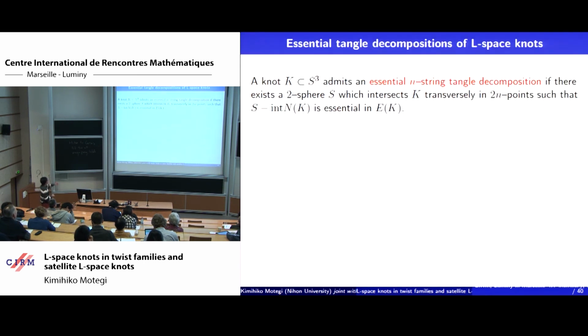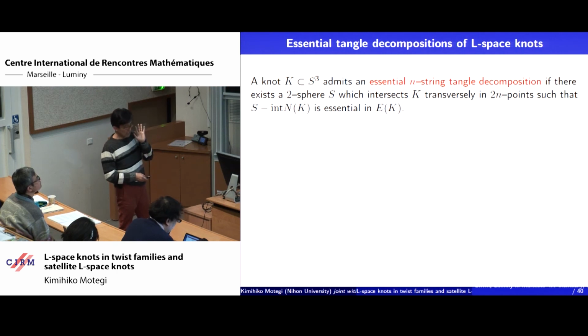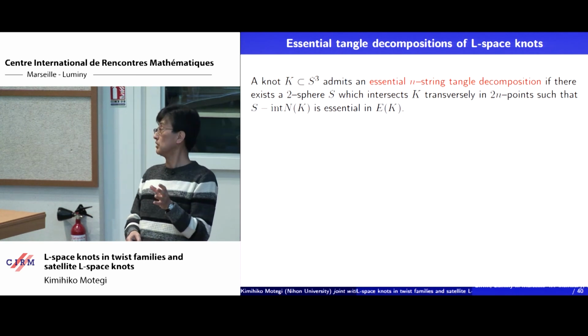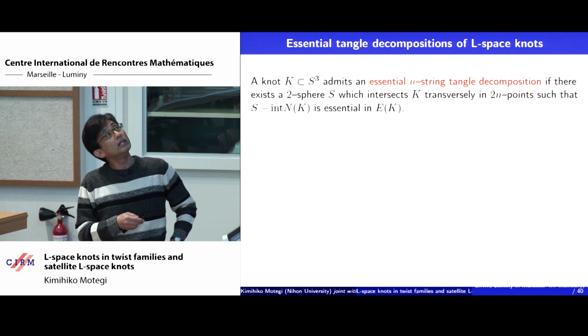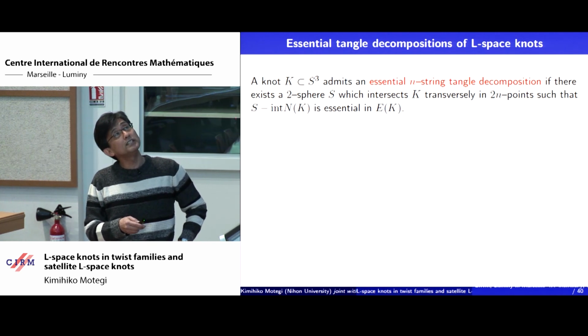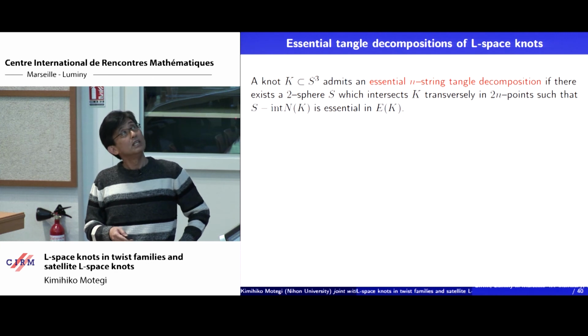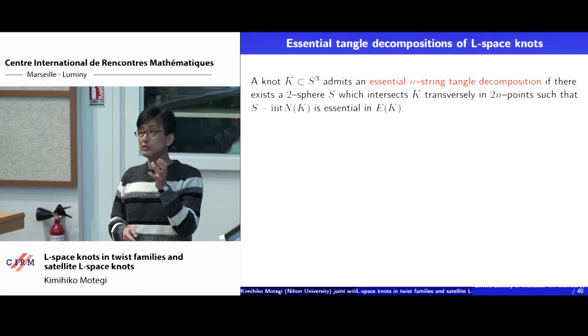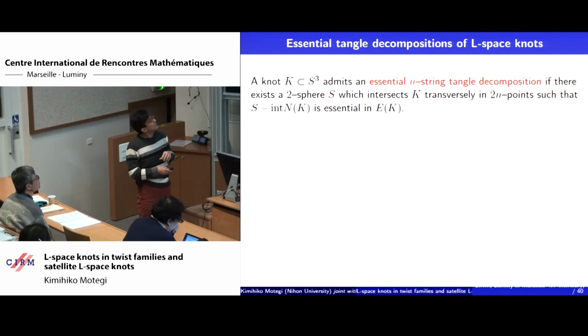Okay. So finally, we study a little further. We apply our previous results to a study of the essential tangle decomposition of L space knots. A knot K in the 3-sphere admits an essential n-string tangle decomposition if there exists a 2-sphere S which intersects K transversely in 2n points, such that the 2n-punctured sphere S minus the interior of the tubular neighborhood of K is essential in the exterior.